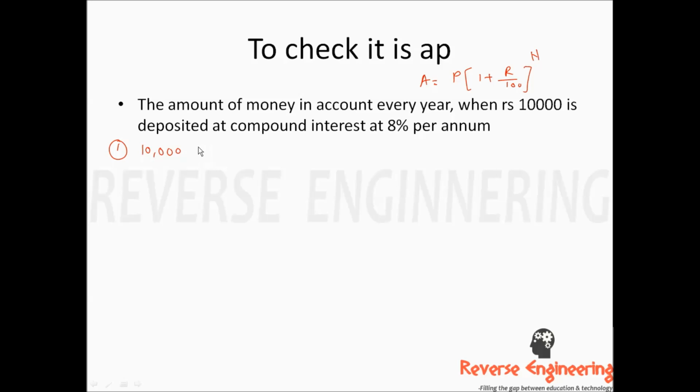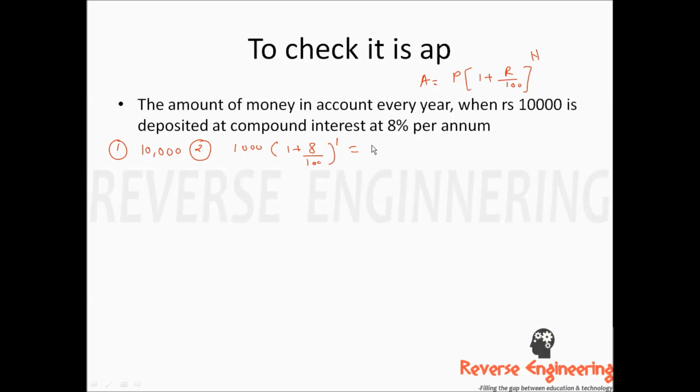So for the first year, when that person initially kept the amount of 10,000 in the bank, the amount in the bank is 10,000. After the first year, the amount will be 10,000 into (1 plus 8 upon 100) raised to 1, because the number of years is 1.